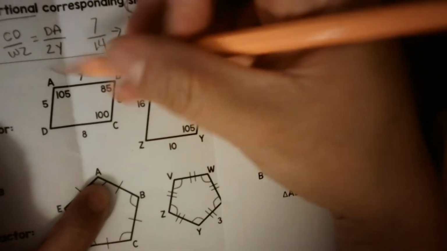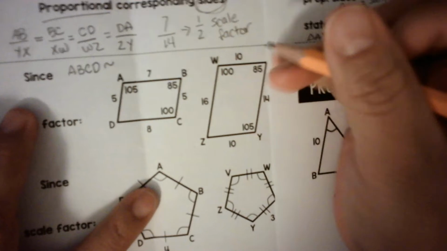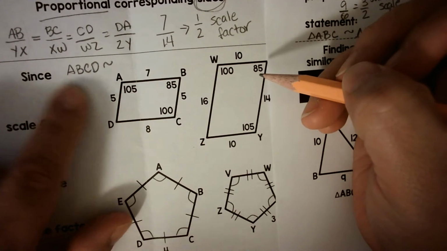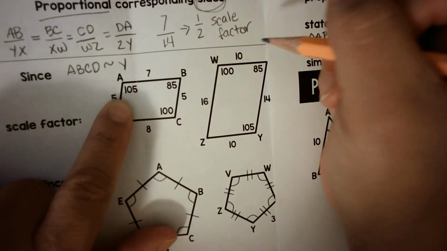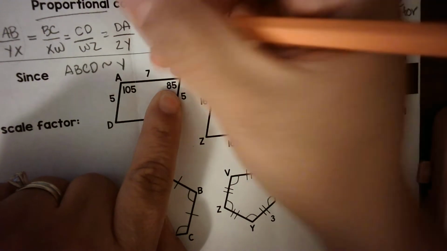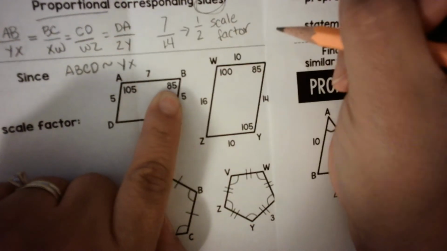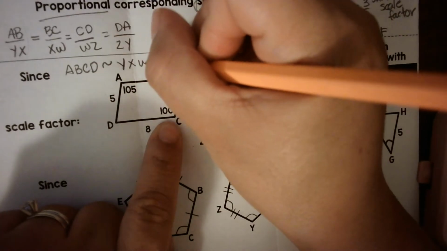Okay, so this one gives us the values, and we want to say since A, B, C, D is similar, and now we got to see which ones correspond. We started with the 105, that's Y. And then we did B, which is the 85, so that would be X. Then C was the 100, so that's W on this figure.